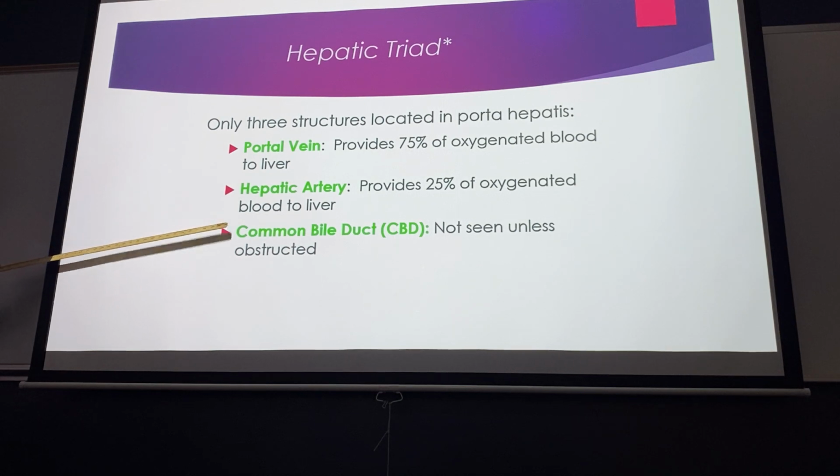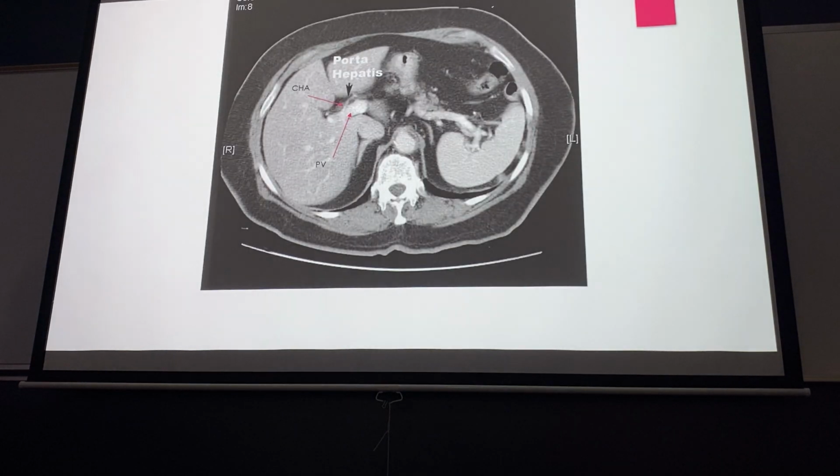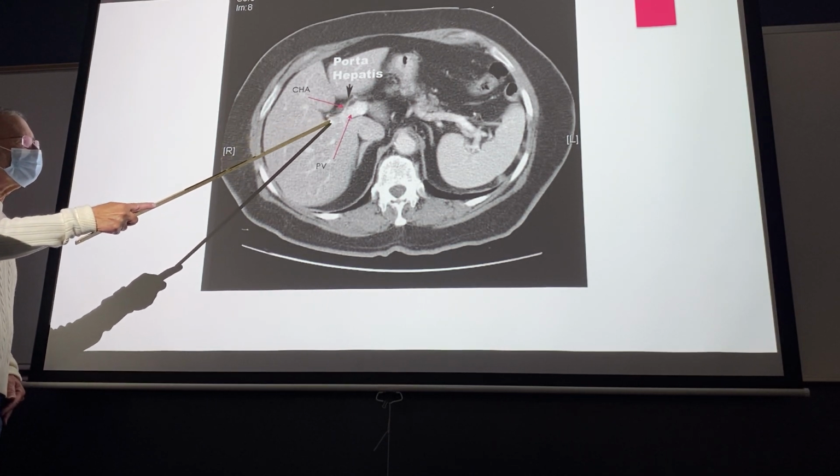The CBD would be the other structure that we find within that space. You don't normally see it unless there's some kind of obstruction or tumor involving even perhaps the distal end of the common bile duct. When you look at the porta hepatis, again, this is the space right through here.